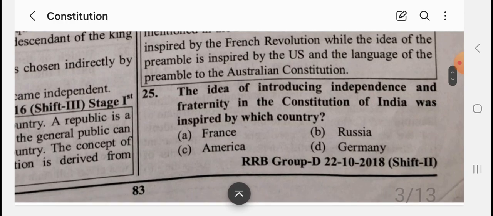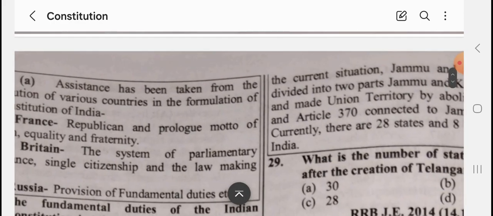The idea of introducing liberty and fraternity in the Constitution of India was inspired by which country? That's France.